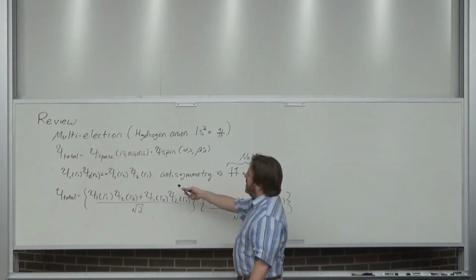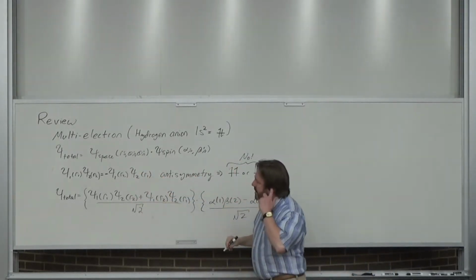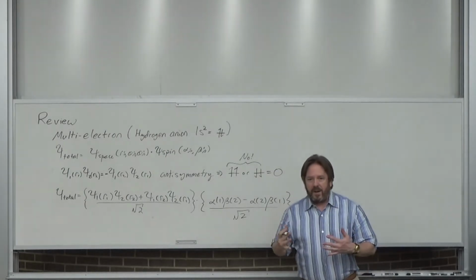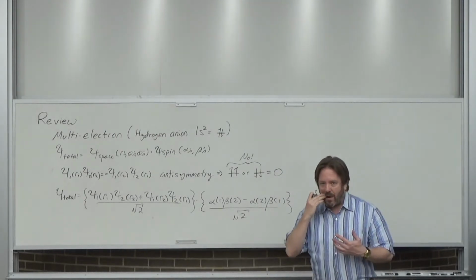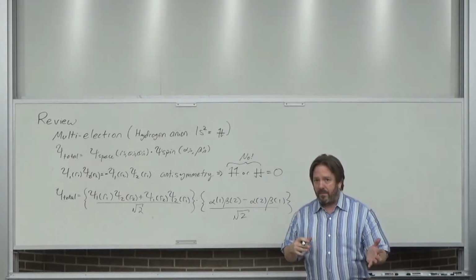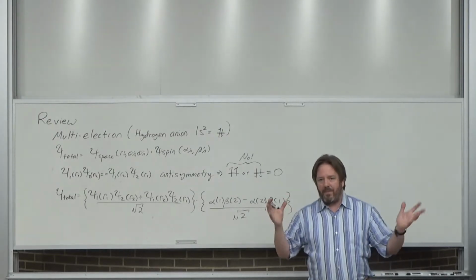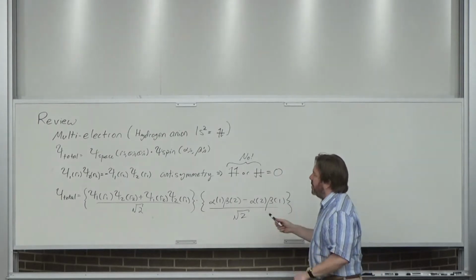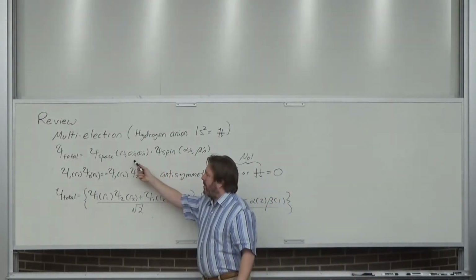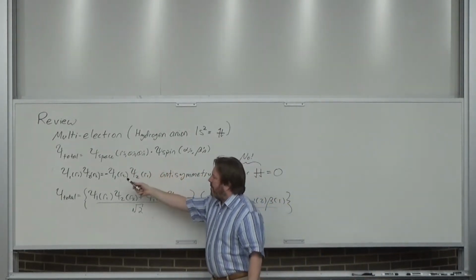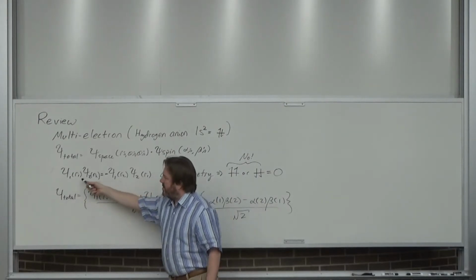So there are spin wave functions that are going to be multiplied by the space wave functions. And the space wave functions are still going to be the e to the minus r's and all that stuff we did right before spring break, which was quite a bit in its own right. Now remember, I'm not going to hark on this, but remember the fact that we multiply up, like here are two space wave functions.